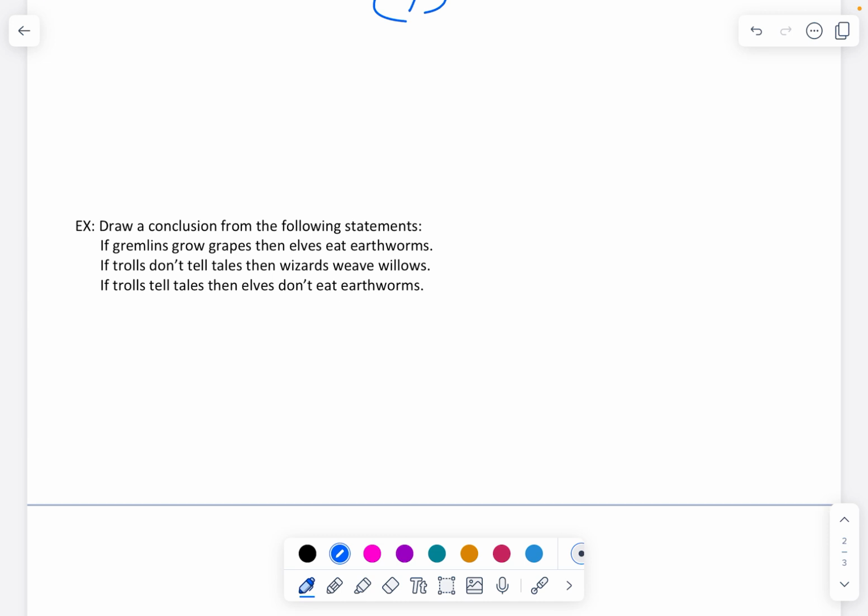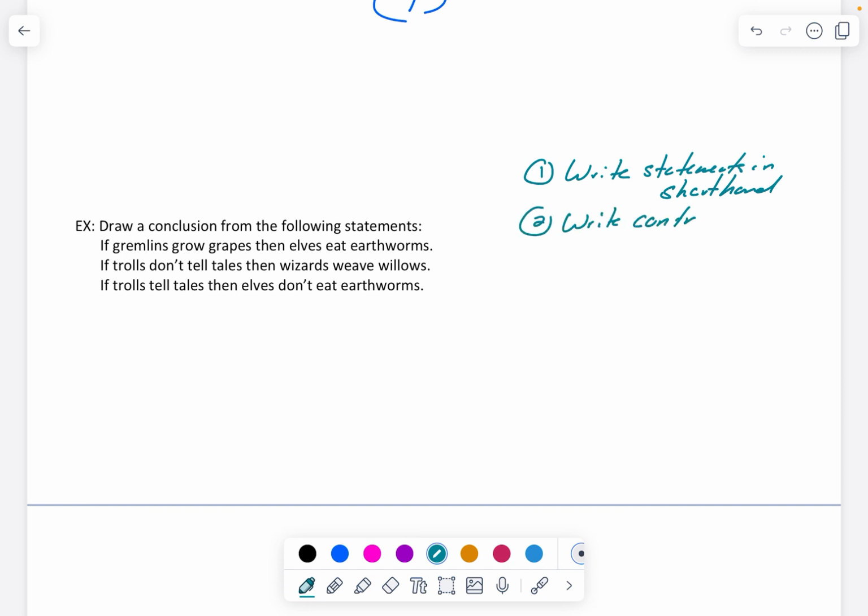Now, here's our last fun example. And what you want to do with these problems, I'm going to give you some instructions first. Write statements in shorthand. We're going to write down the instructions and then we're going to do it, so then you'll get it. Write contrapositives in shorthand.